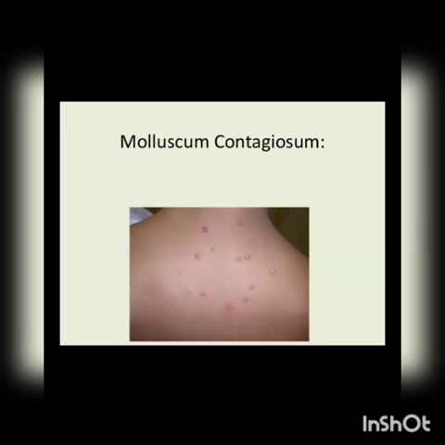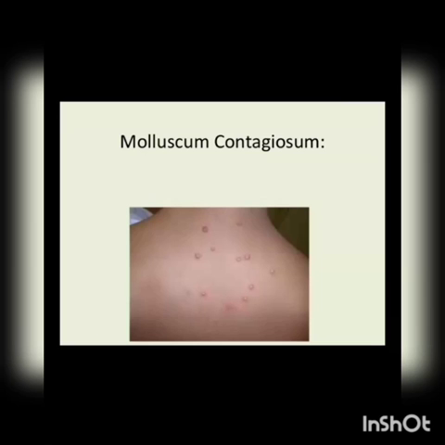We can move on to the signs and symptoms. Discrete, small, pearly, flesh-colored, firm papules will be present in molluscum contagiosum. When we press the lesion, a white cheesy material will come out.